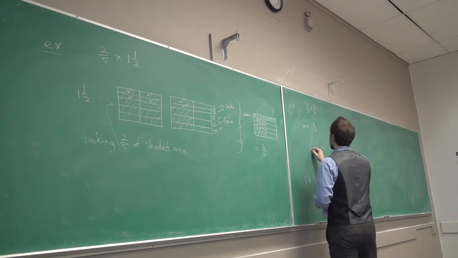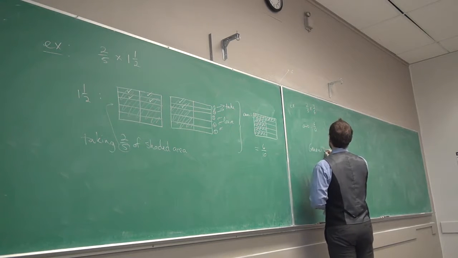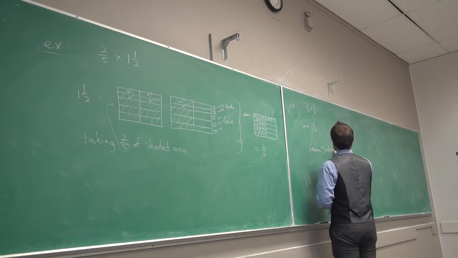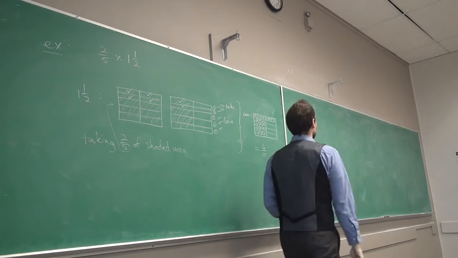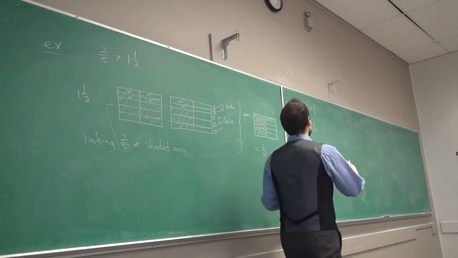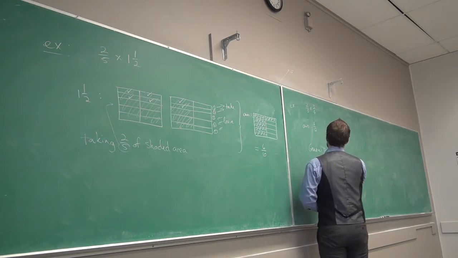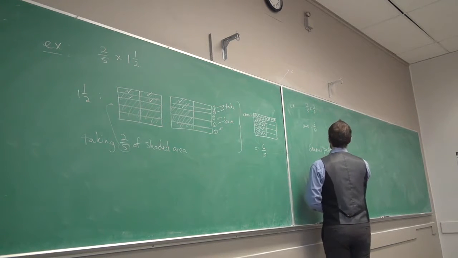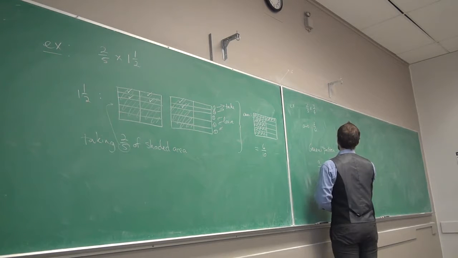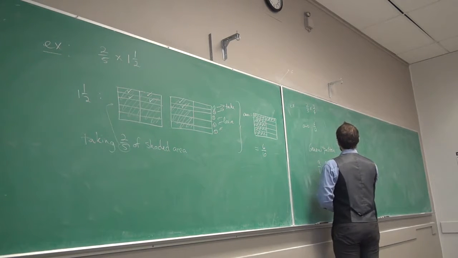The general pattern, not rule, rules are negative, for how these numbers are used to create the answer is if I have A over B times C over D, it's simply A times C over B times D.